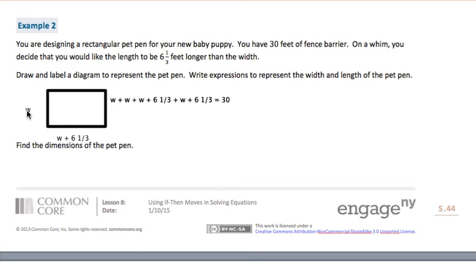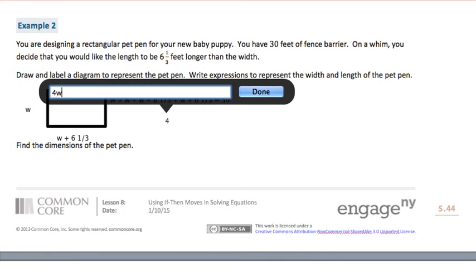So we have the two widths, W plus W, and then the two lengths, W plus 6 1/3 and W plus 6 1/3. Next, we'll combine like terms. We have 1, 2, 3, 4 W's. And 2 6 1/3, which when you add together will give you 12 2/3. Remember, they equal 30 altogether.